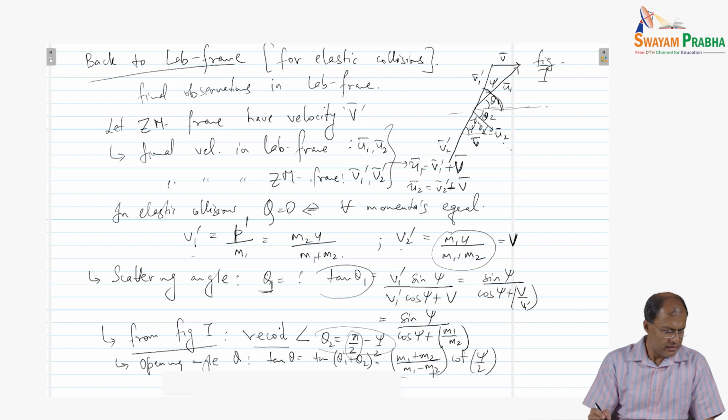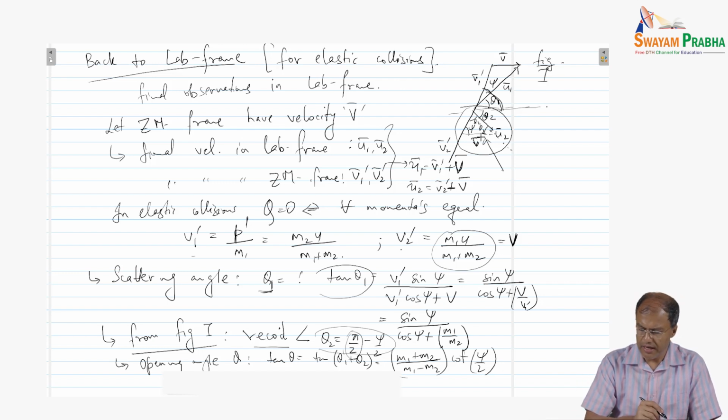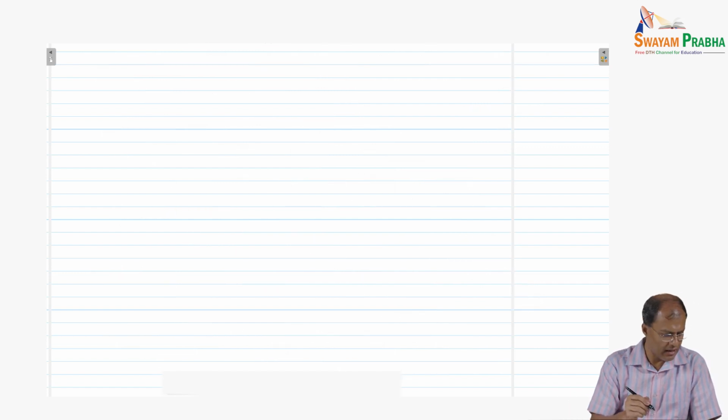Okay, so then I can also use v2, u2. Let us look at this particular triangle, the lower triangle, where one side is of magnitude u2, the other side is of magnitude v2 prime, and this triangle is an isosceles triangle with same angle theta 2, and I can write the angle here.